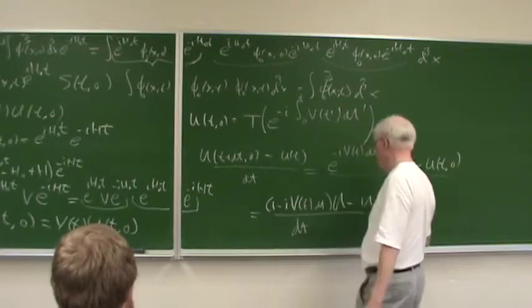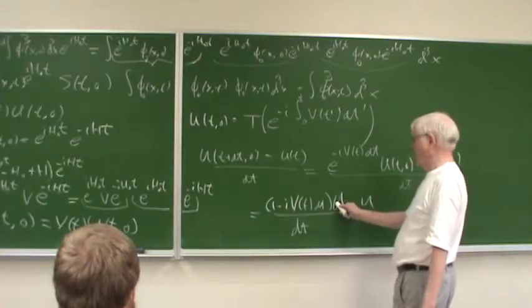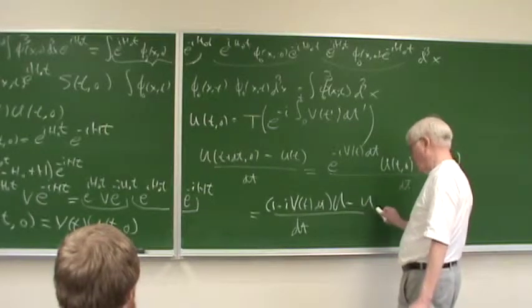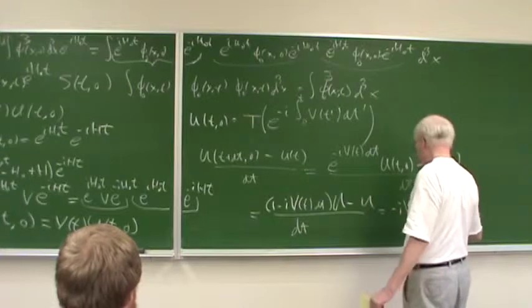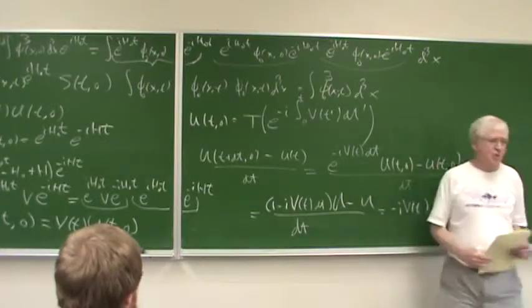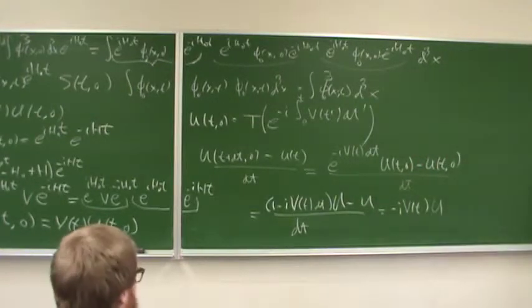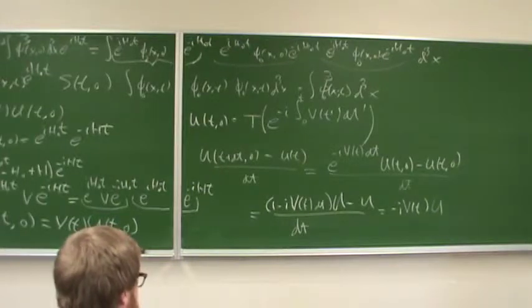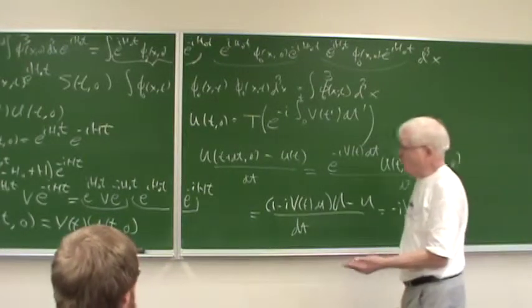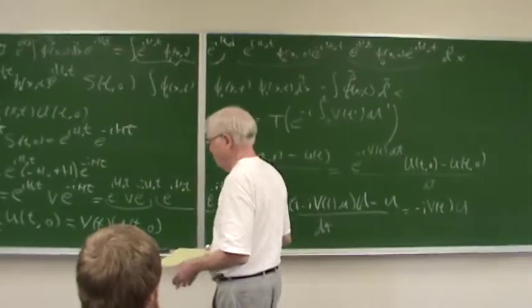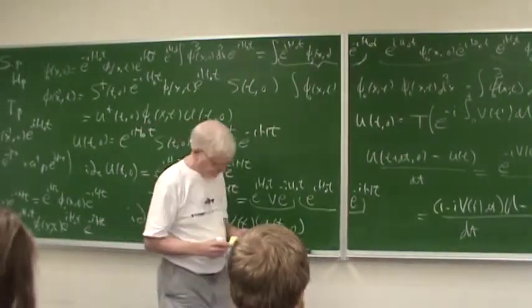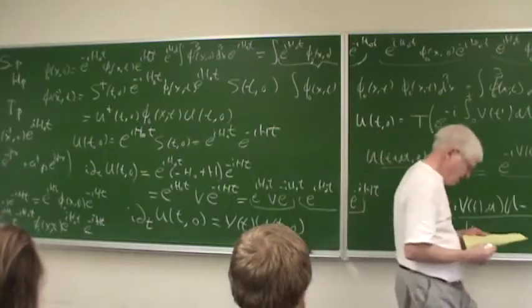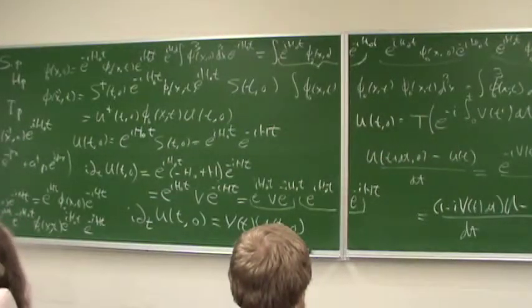The 1u minus u is 0, and so this is minus i V(t) times u. So that's why it's a solution. And this is basically why time ordering comes into physics. It's because in the interaction picture you want to have this time dependence and so forth.